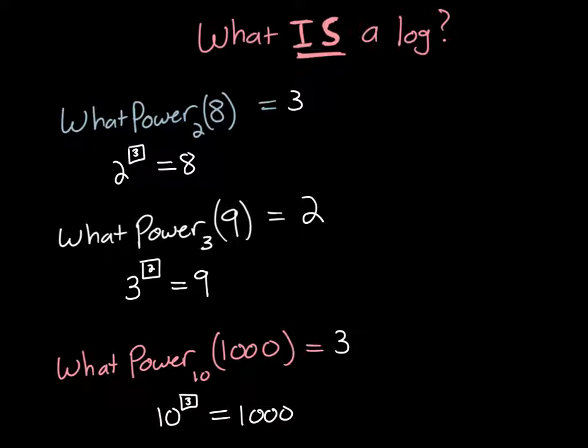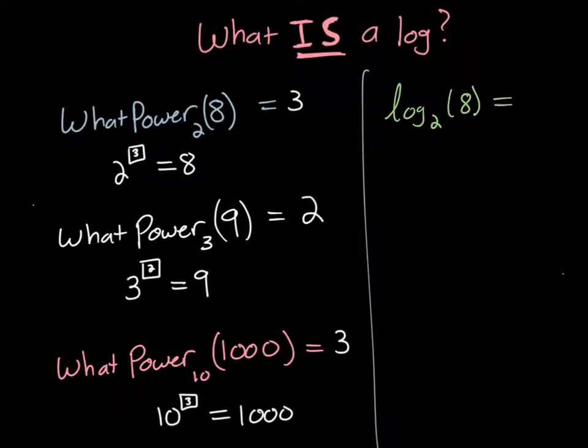Now, what is a logarithm? Well, a logarithm is exactly the same as a what power. So we could rewrite each of these what power problems as a logarithm. What power of 2 is 8? We could say that's log base 2 of 8, and it has the same answer.